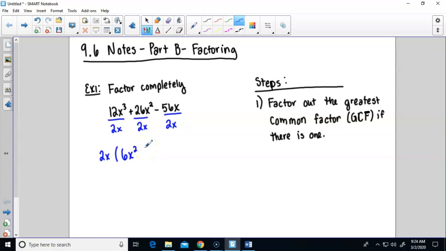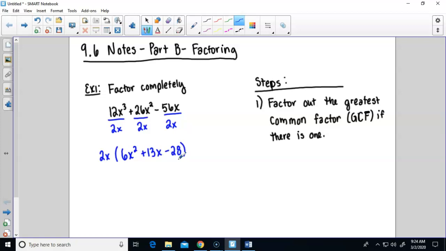And our numbers get a little bit big here. Okay, 13x, negative 28. Okay, so greatest common factor is your first term every time.